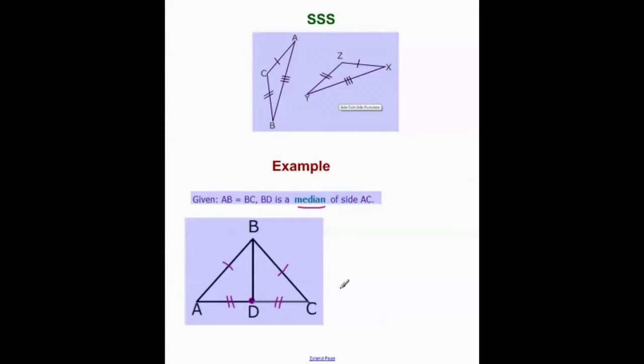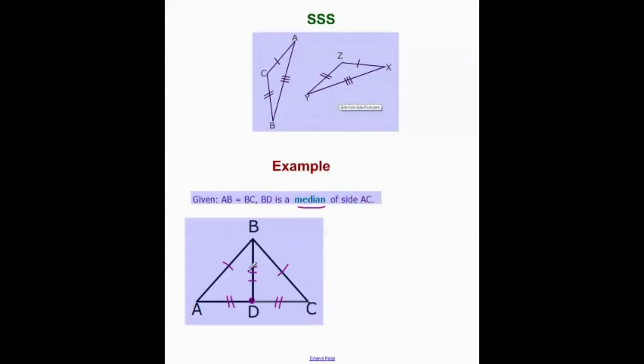Well, we need a third side, and we have what is called a gimme, freebie, whatever you want to label it, but we use the reflexive property that BD is congruent to DB, or itself. So I'm going to put three tick marks right here, and I have these three sides, side, side, side, is congruent to side, side, side.